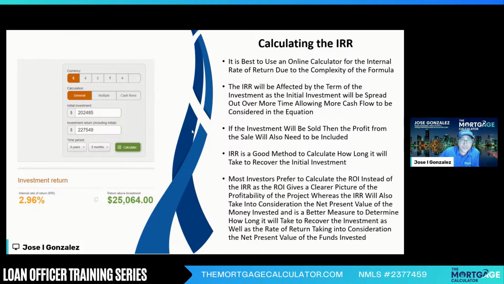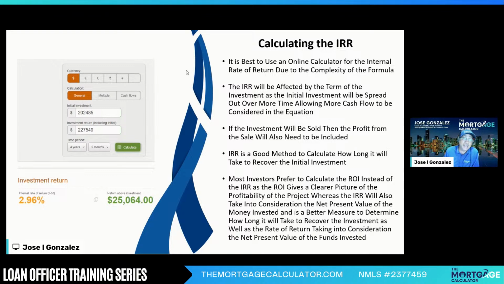Now, as I was saying, if the investment will be sold, that's another thing that you have to take into consideration, because then the profit from the sale will also need to be included. That profit figure may not be clear when you're initially investing, right? You're investing now, you expect the investment to have a term of 3 years or 4 years, but you don't really know what the investment will sell for after 3 or 4 years.